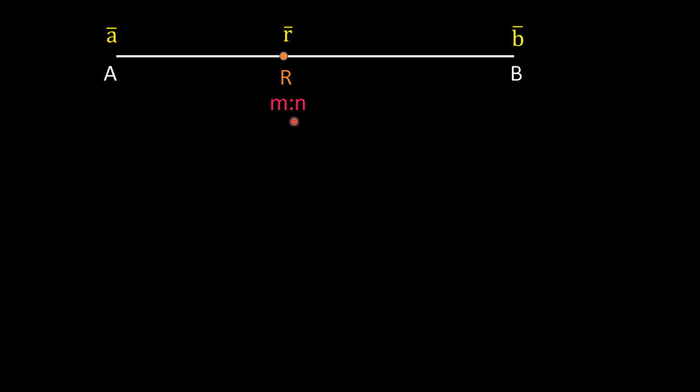If point R divides segment AB internally in the ratio m as to n, then we have section formula for internal division as R bar equals m B bar plus n A bar upon m plus n. Please note the plus sign in both numerator and denominator for internal division.